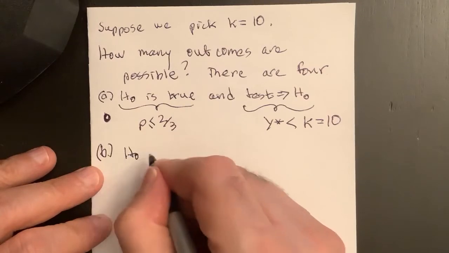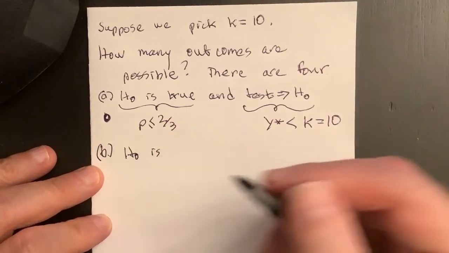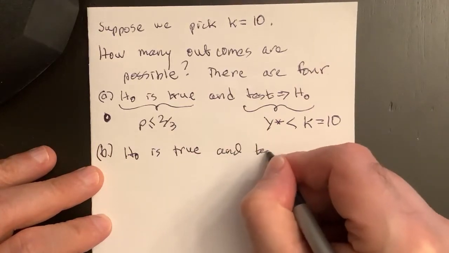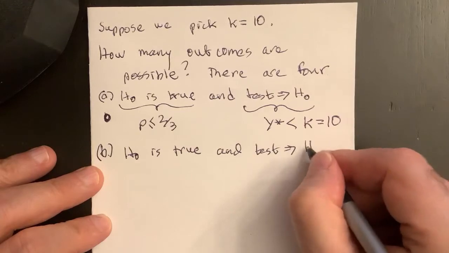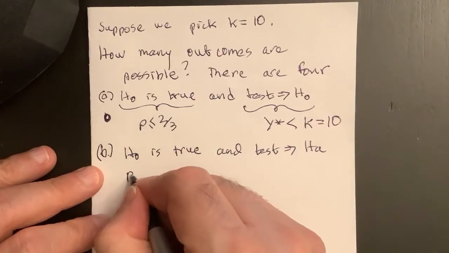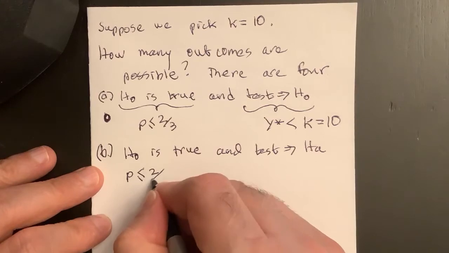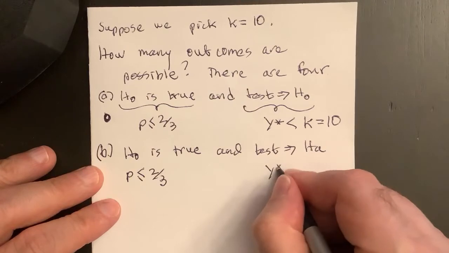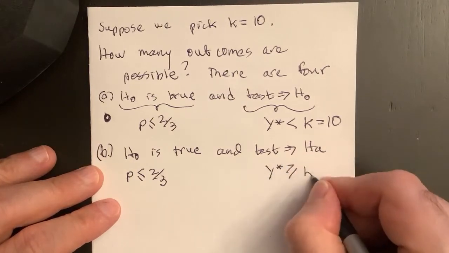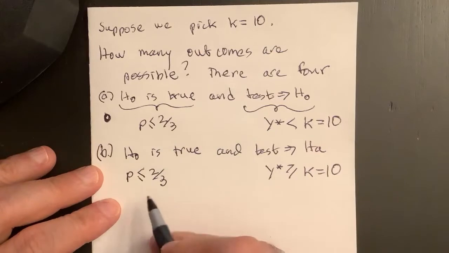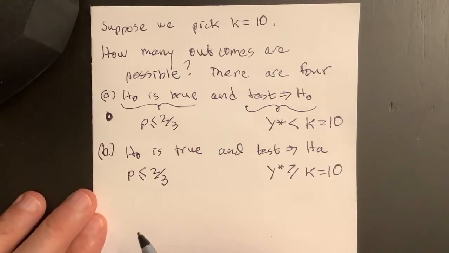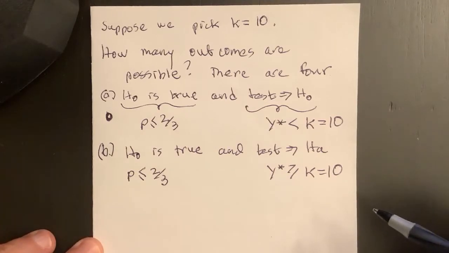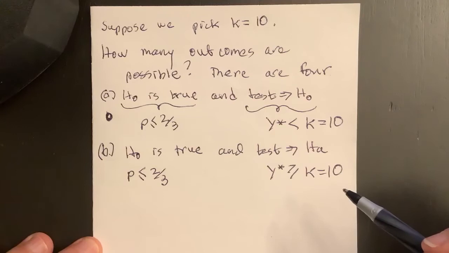B: H0 is true, and the test indicates HA. So H0 is true, P is less than or equal to 2/3, and the test indicates HA. This means y star is greater than or equal to K, equal 10. When the null hypothesis is actually true, but your test tells you to pick the alternative hypothesis, your test made a mistake.